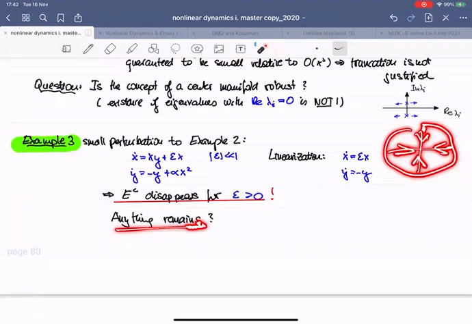You will still be able to continue that as an invariant manifold without really having to introduce a new theory, because the very same center manifold theory, when you extend it in an appropriate sense, guarantees that you can continue it.